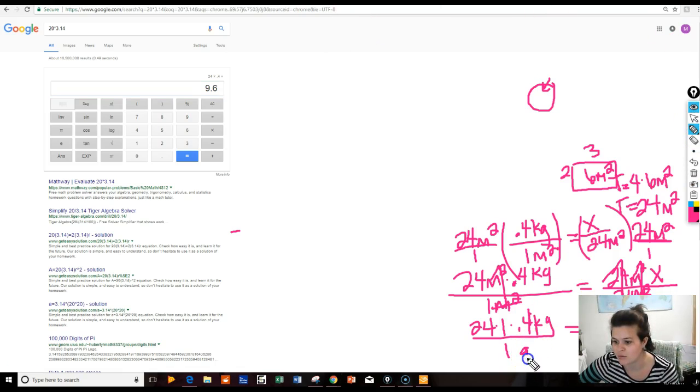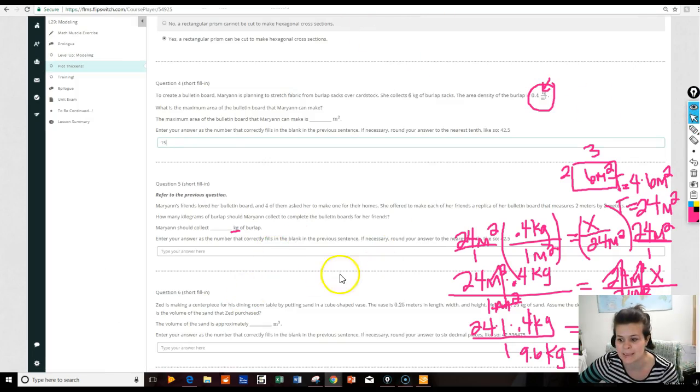So we have 9.6 kilograms needed for 24 square meters of fabric. So she needs 9.6 kilograms to cover 24 square meters.